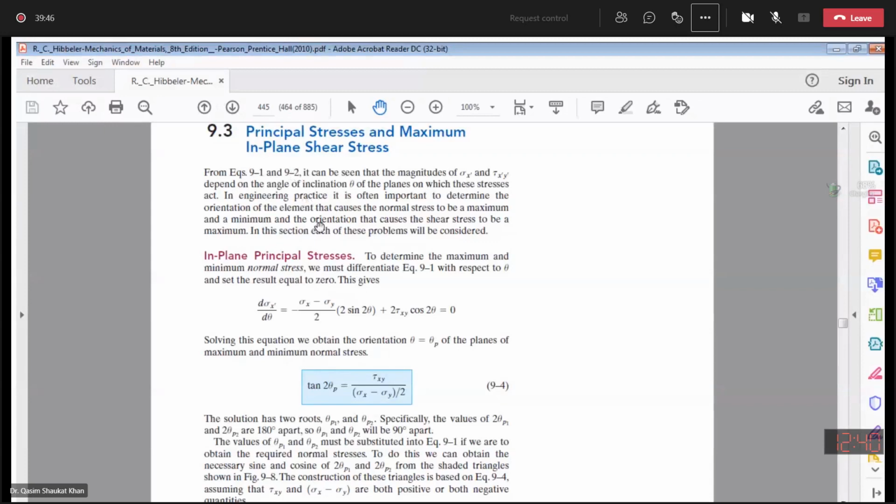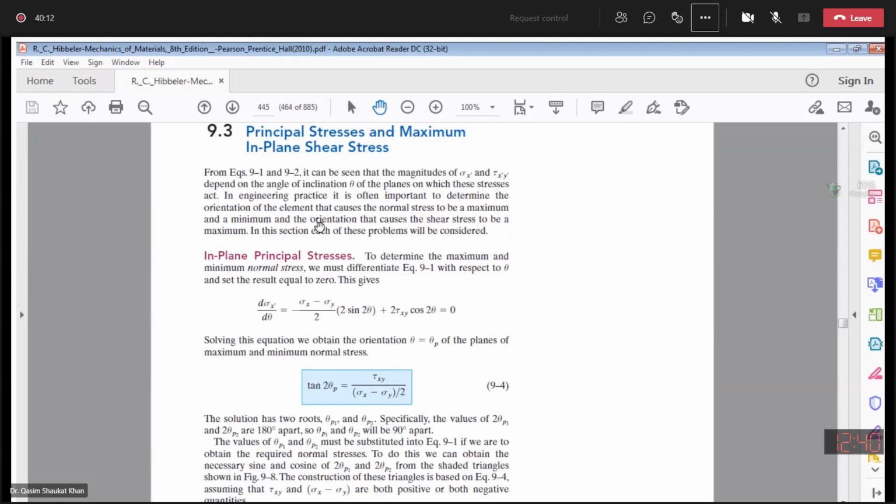So from the equations, it can be seen that the magnitudes of sigma x dash and tau x dash y dash depend on the angle of inclination theta of the planes on which these stresses are acting. As we have seen, with changing value of theta, your normal and shear stress values change.